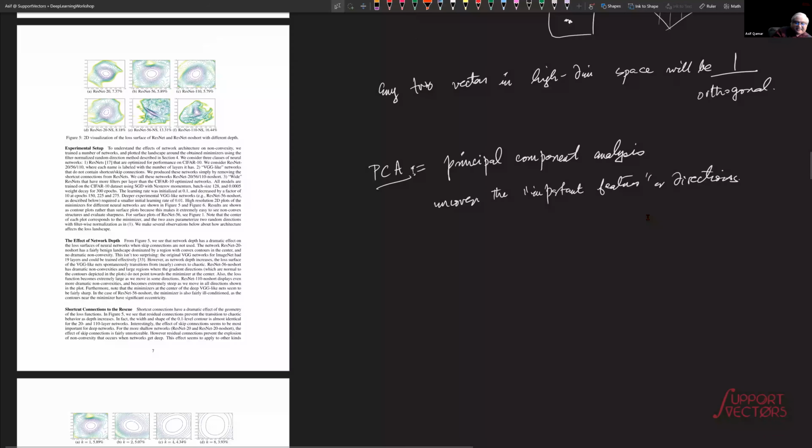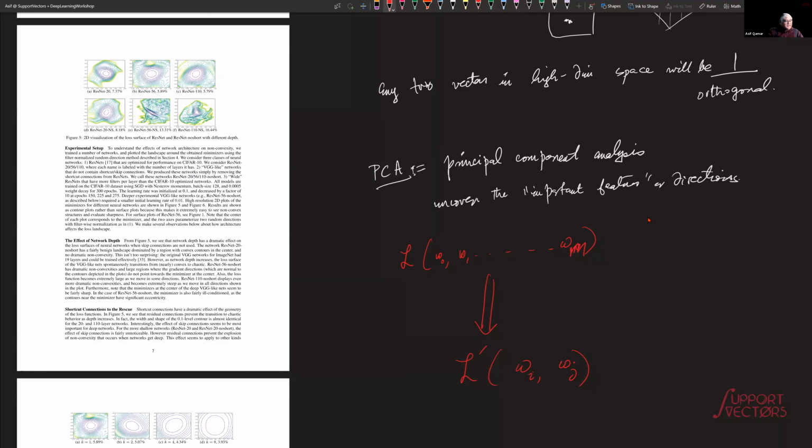Your loss surface was a function of W0, W1, all the way to W1 million, right? WM. And now what you have done is, you have somehow projected it down to a loss surface that belongs to Wi, Wj, just two of those. So it is, of course, a different loss function because it's projected down. It's the shadow of the original loss function.